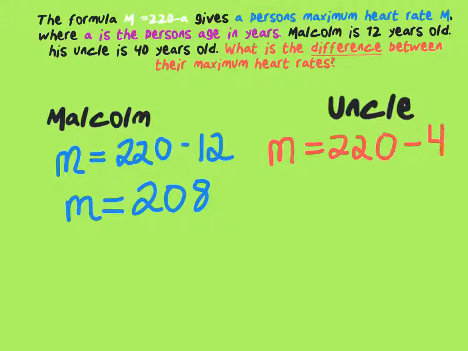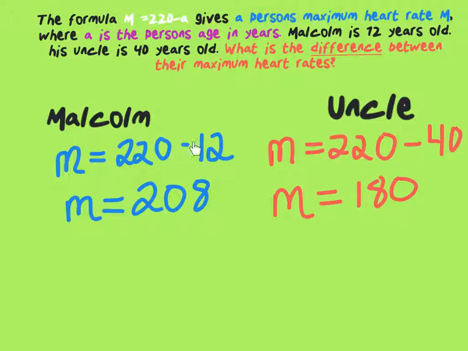So a is going to be 40. 220 minus 40 leaves us with a maximum heart rate of 180. Maybe you asked the question, how do you know what his maximum heart rate is? Remember, it says up here in the problem, a person's maximum heart rate, m. So m is equal to 180.